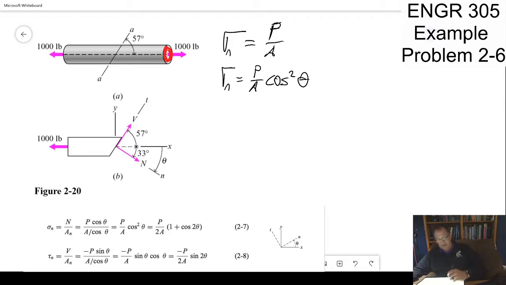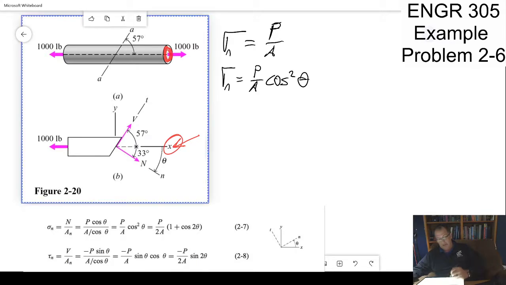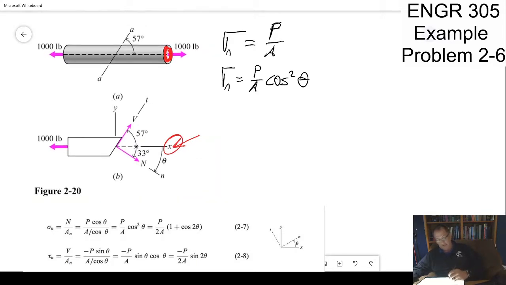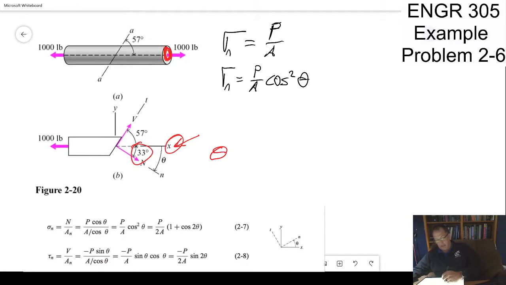So this figure is very important here. That's our X-axis, the direction that we're pulling. But the angle they're giving us, 33 degrees, is in the wrong direction. So theta is not 33. Theta is equal to negative 33.